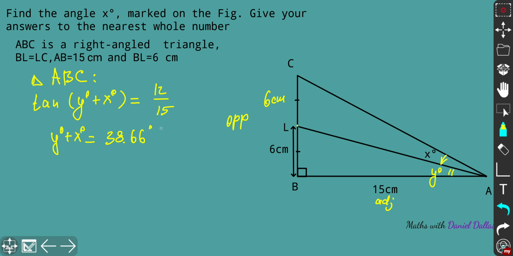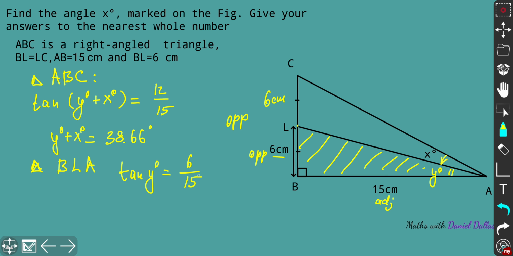But now from the small triangle, let's consider a small triangle as well. So from the triangle that I shaded, BL, so this is triangle BLA, we can express angle y, so tangent of angle y is opposite, so in this case small 6 is going to be opposite and still 15 adjacent, so that's why it's going to be 6 over 15.